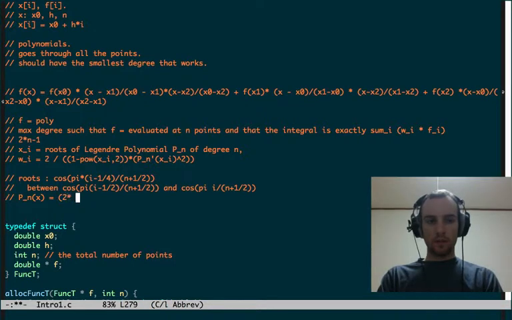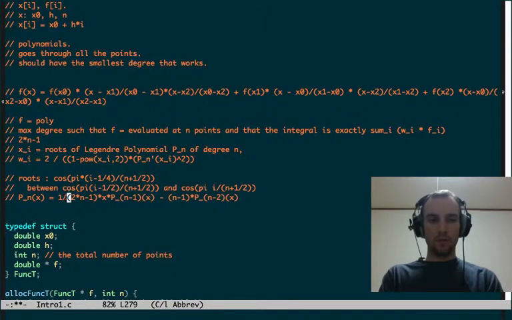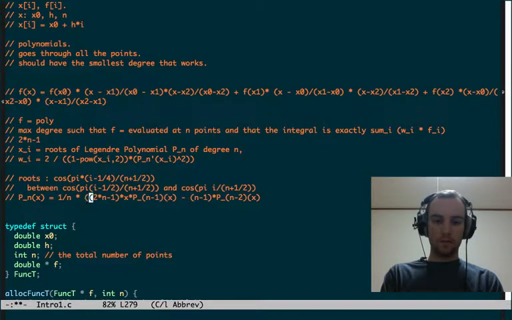It's 2 times n minus 1 times x times p n minus 1, so the previous Legendre polynomial at x, everything's at x, minus n minus 1 times the one before the previous, so n minus 2, again at x, and this whole thing divided by n, so 1 over n times this whole thing.